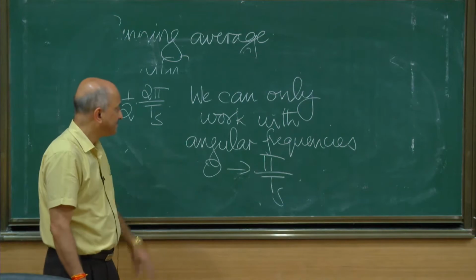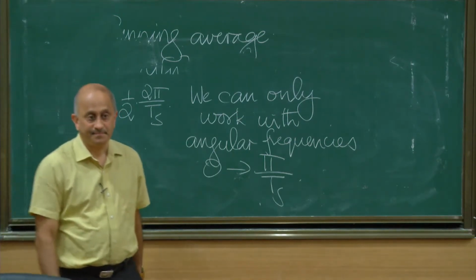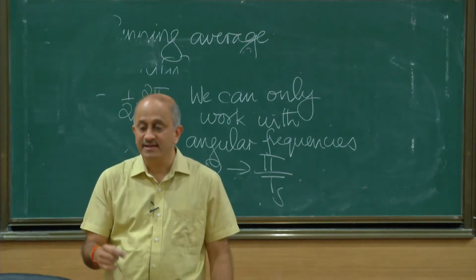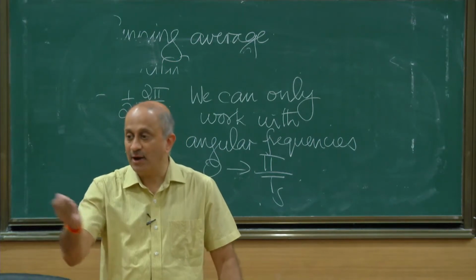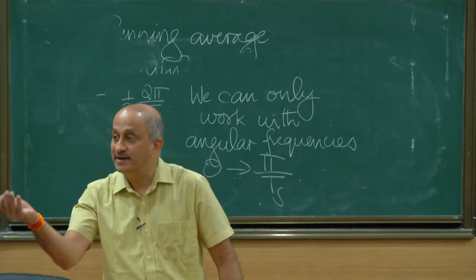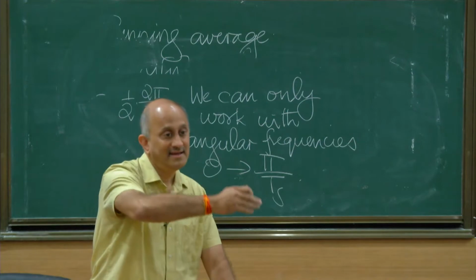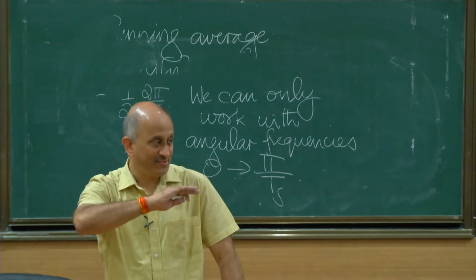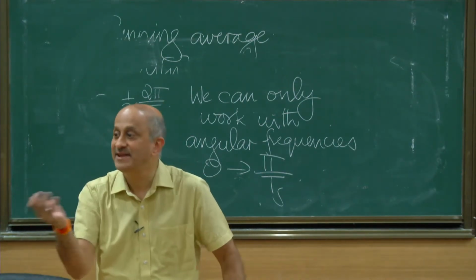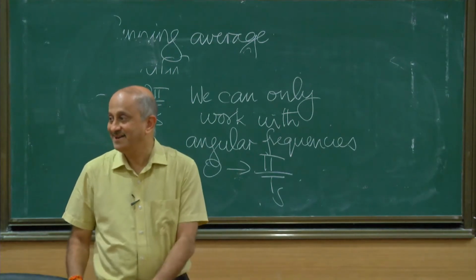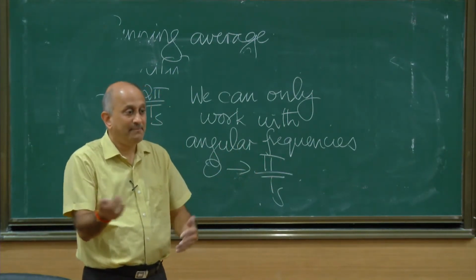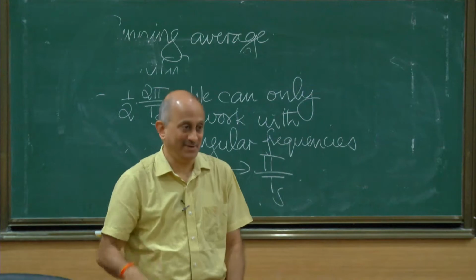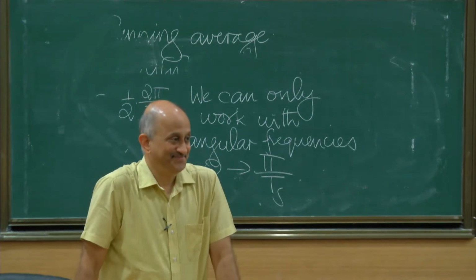Is that right? Because otherwise, if you take any frequency outside this range, it's going to appear to be some other frequency. It's going to look exactly how some other frequency looks. By looking at the samples, I cannot distinguish. That is the problem, right?